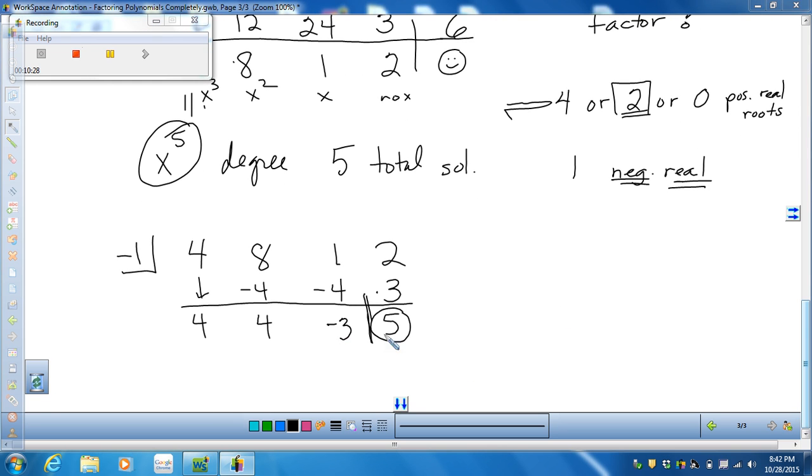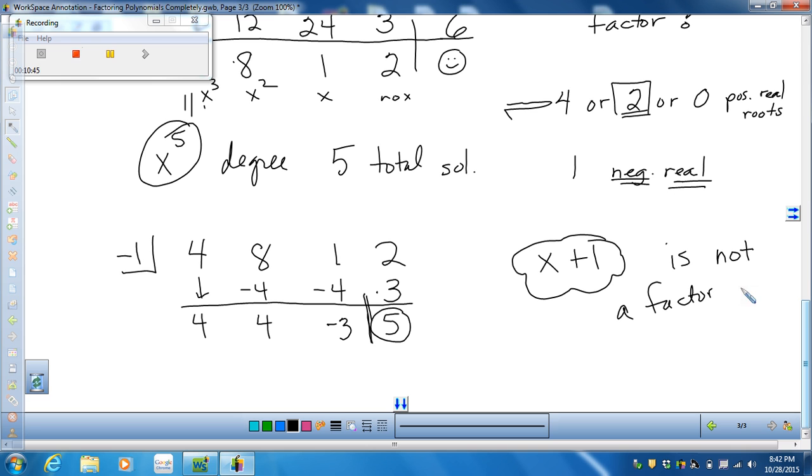I got 5 as the remainder. So what does that tell us about negative 1 or x plus 1? It tells us that x plus 1 is not a factor of our polynomial. So we can get rid of that one.